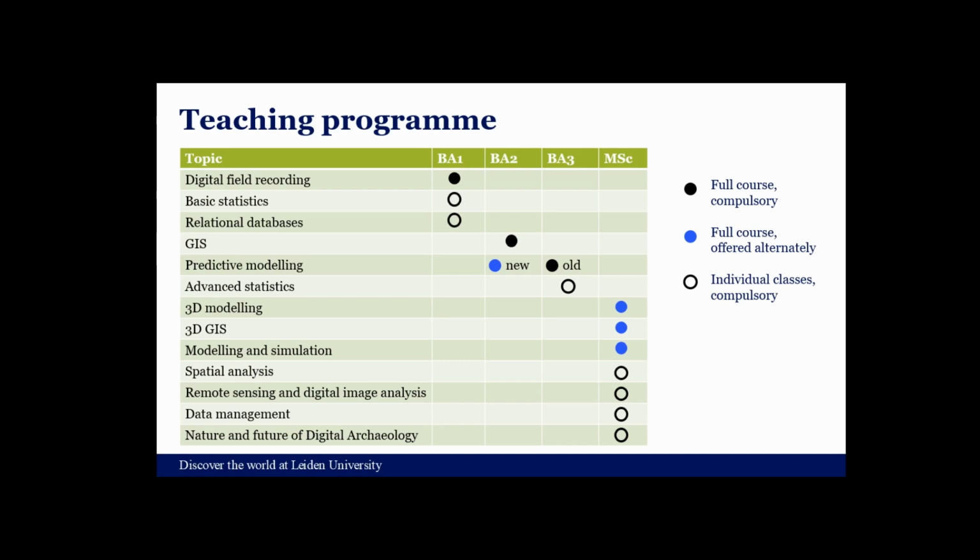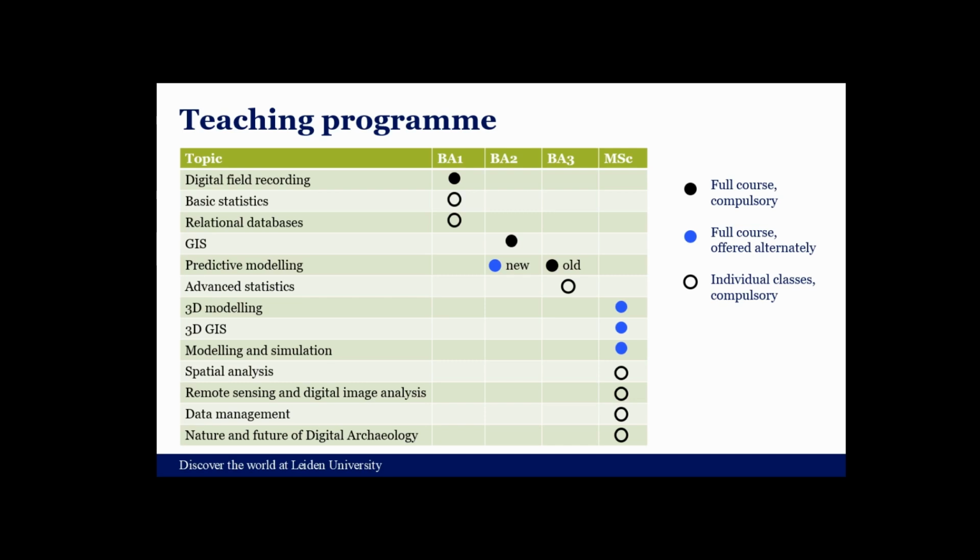GIS is then taught in the second year. And up until this year, there was a third compulsory course on predictive modeling that was basically a second GIS course teaching methods that are used in the archaeological practice in the Netherlands of predictive modeling.